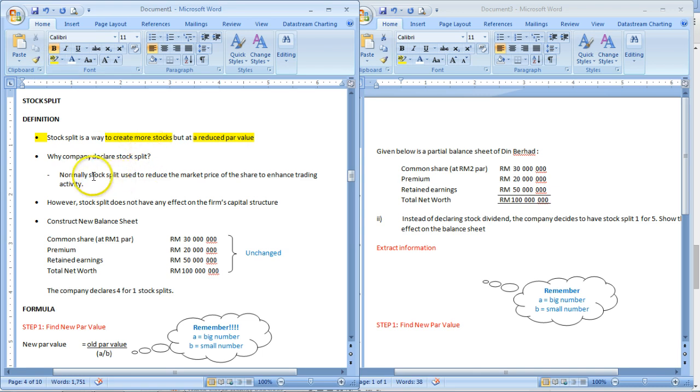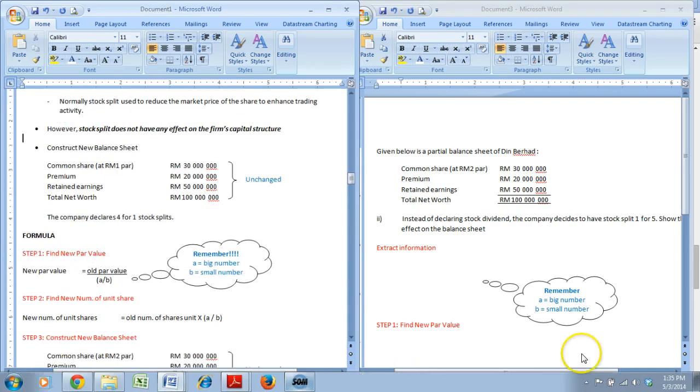Normally stock split is used to reduce the market price of the share to enhance trading activity. However, stock split does not affect the firm's capital structure, which means the total equity in RM remains the same.